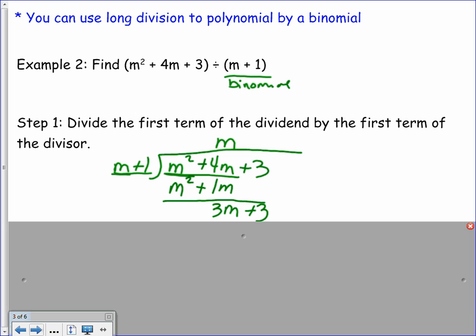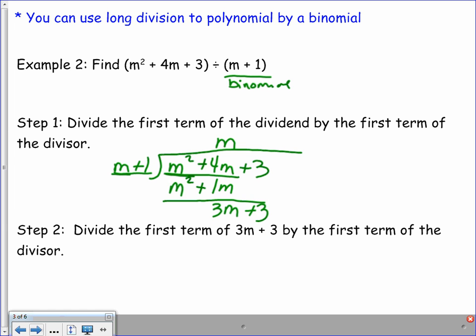Now what we need to do is divide the first term of 3m plus 3 by the first term of the divisor. So we're going to divide 3m by m, which equals 3. So we have m plus 1 dividing still m squared plus 4m plus 3. I'm just rewriting what I already have.